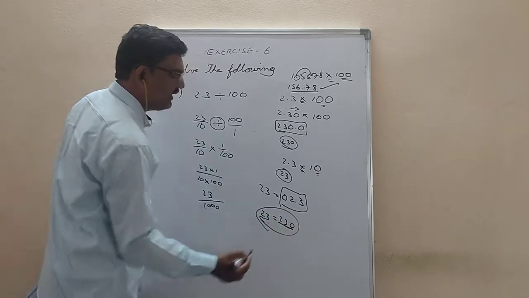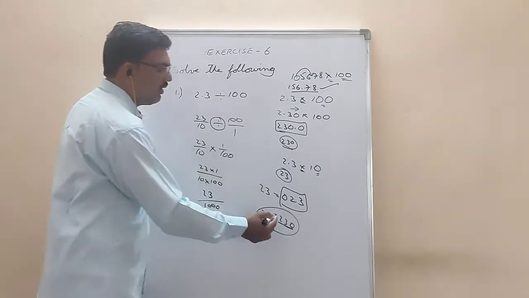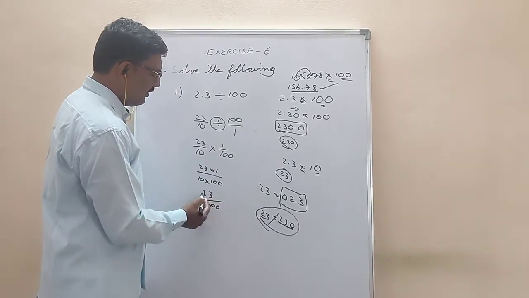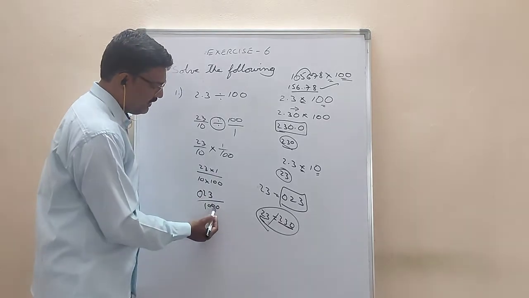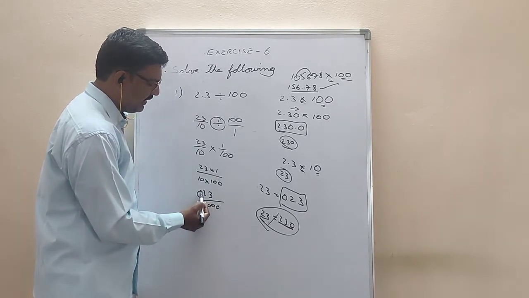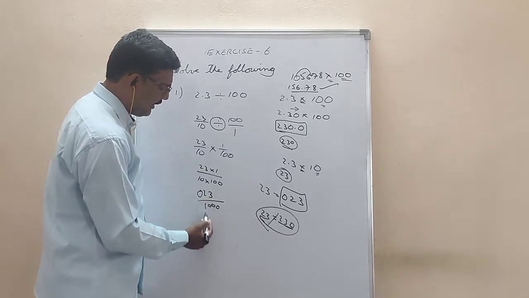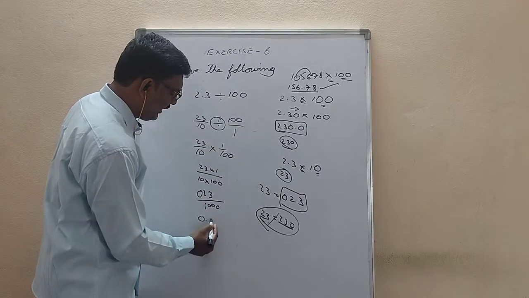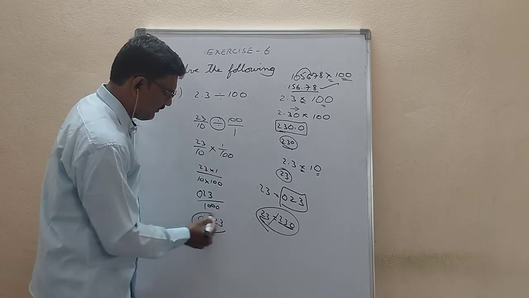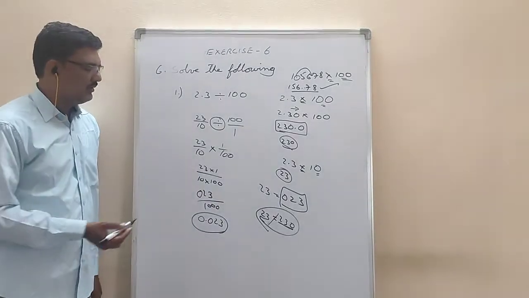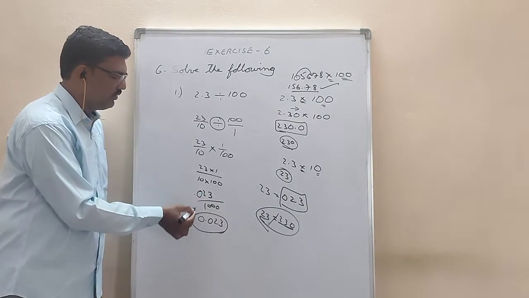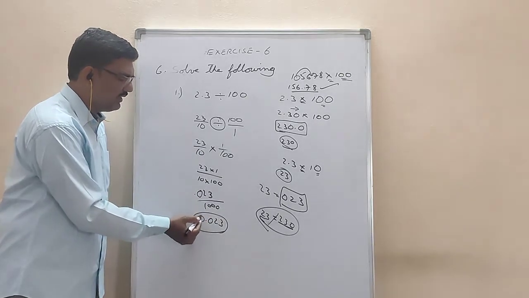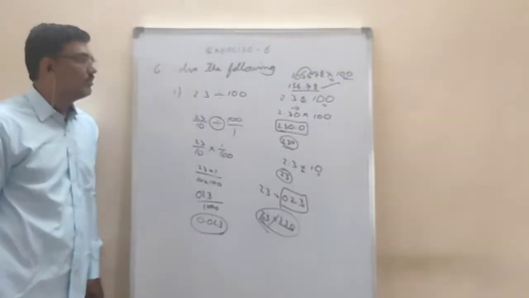So 23 you can write as 023. Three zeros are there, so 3 digits before, you have to keep a point, and it becomes 0.023. The point moves 1 digit, 2 digits, 3 digits: 0.023.